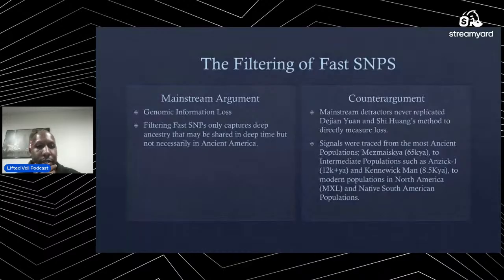Mainstream argument: genomic information loss. Filtering fast SNPs only captures deep ancestry that may be shared in deep time, but not necessarily in ancient America.